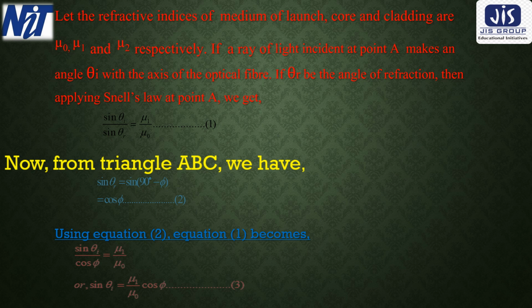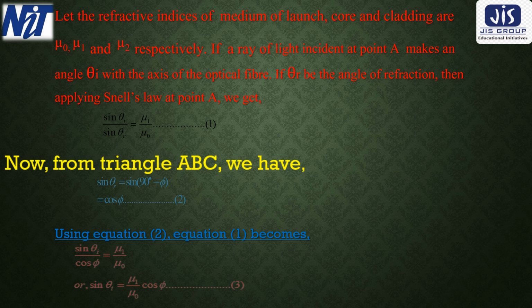Phi is the angle of incidence at the core cladding interface, and you know that angle BCA is 90 degrees. Because of that we can write sine theta r is equal to sine of 90 minus phi. Now sine of 90 minus phi is equal to cos phi. Let us call this equation number 2.